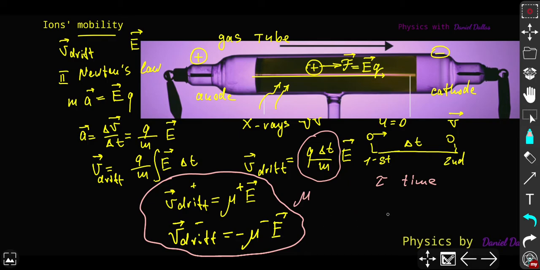So the formulas that we got will be very useful, and in most cases you'll be given the mobility by the manufacturer of the facility that you use. So the electric field you apply is your input data, so you can change the electric field, and hence every time you can calculate the drift velocity. So basically, using electric field strength as input, you can calculate the drift velocity, while mobility will be given by the producer of the substance.